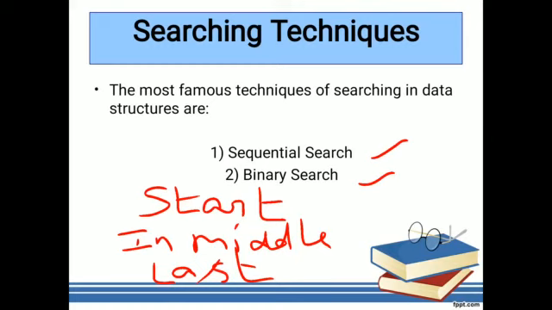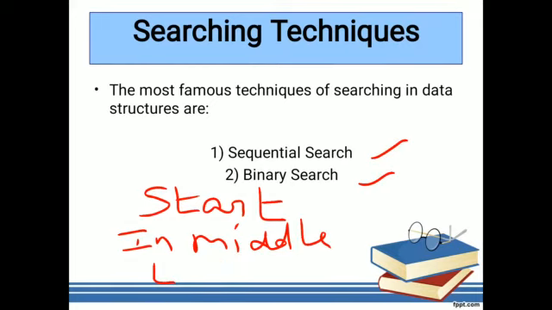That will take so much time. That means the time complexity is higher whenever the element is located at the last position. That is the main drawback of linear search. To overcome that, we move to the next one, that is called binary search.